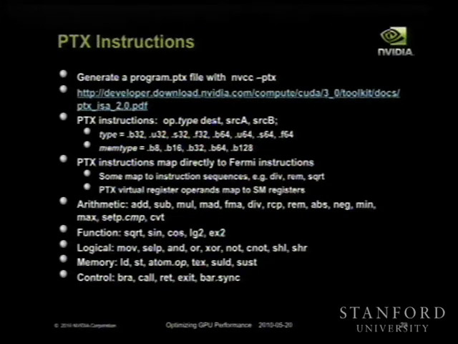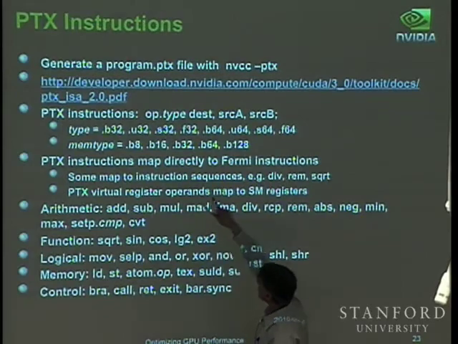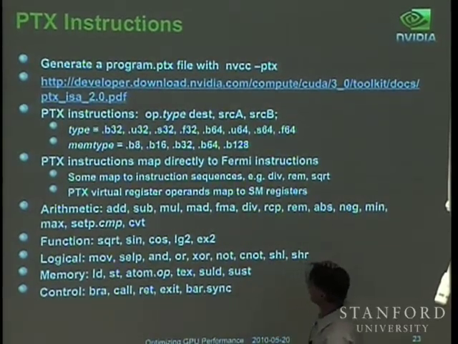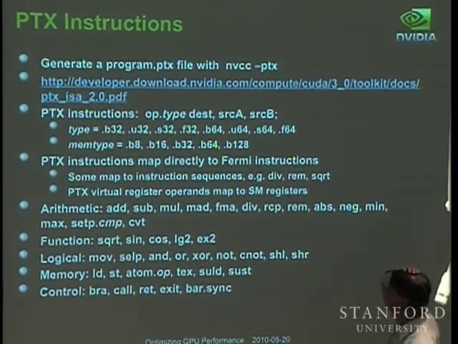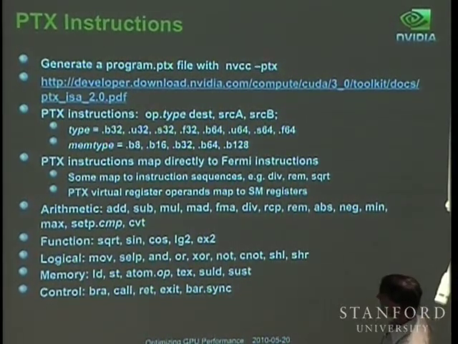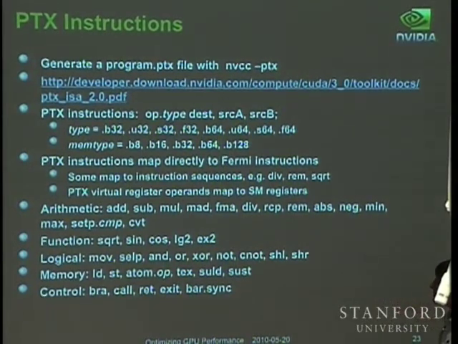They all have an operation type, an opcode like add, and some kind of a type like 32 bits, or F32 for floating point, or S32 for signed integer, or U32 for unsigned integer, or F64 for double precision. So, for example, a floating point add might be add.f64 destination comma source comma source.